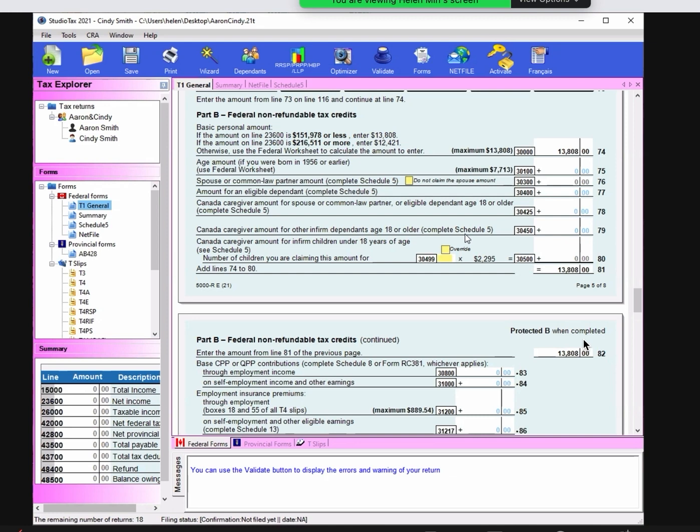As long as she is not claimed as a spousal amount, she can still be claimed by me. But now I do not claim my mother for the caregiver amount, only my father, because she has no problem.